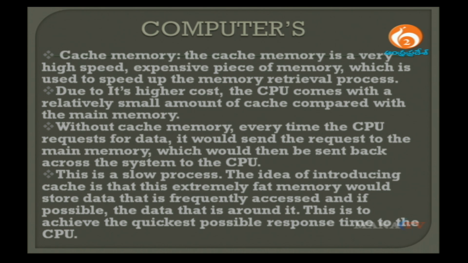Alright, so when I speak about cache memory, you only have to remember one thing: cache memory is just used to speed up the memory retrieval process. For example, every time you open up the system, the OS has been installed, this application has been installed, and every time you just can't go and install them again, isn't it?